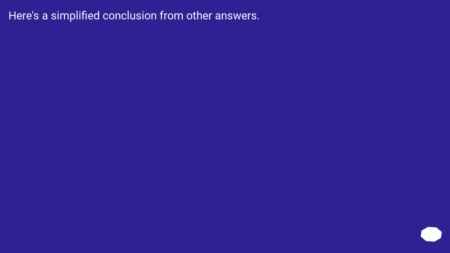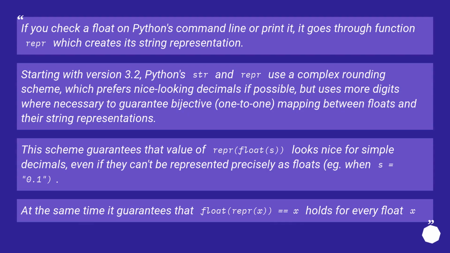Here's a simplified conclusion from other answers. If you check a float on Python's command line or print it, it goes through function repr which creates its string representation. Starting with version 3.2, Python's str and repr use a complex rounding scheme, which prefers nice-looking decimals if possible, but uses more digits where necessary to guarantee bijective, one-to-one, mapping between floats and their string representations.